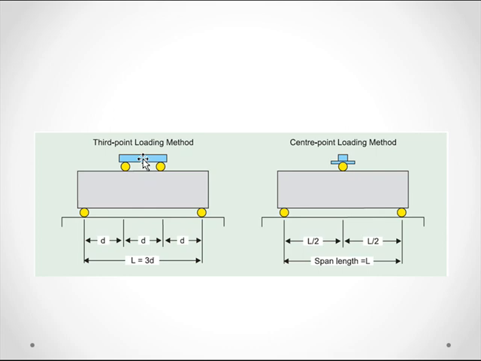This one is third point loading method. Here, in case of 2-point loads, the rollers are spaced at 200 mm for 150 mm specimen and 133 mm in case of 100 mm specimen.